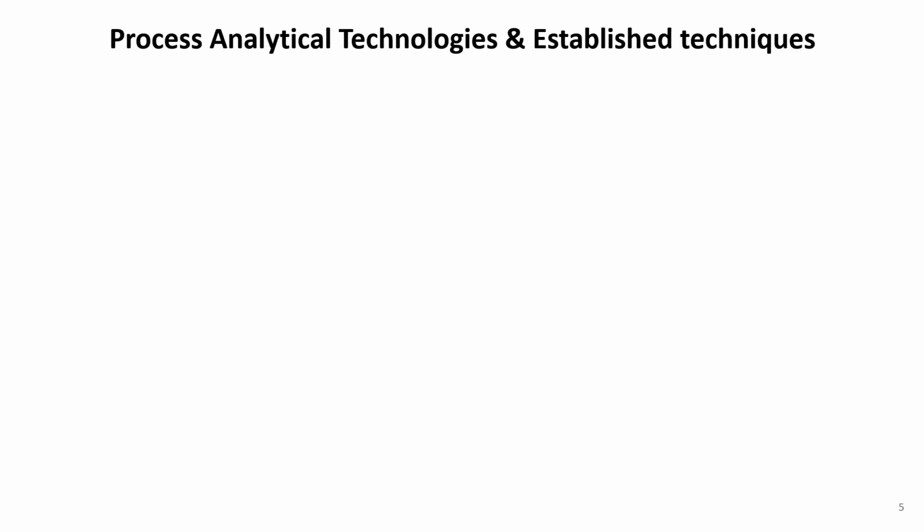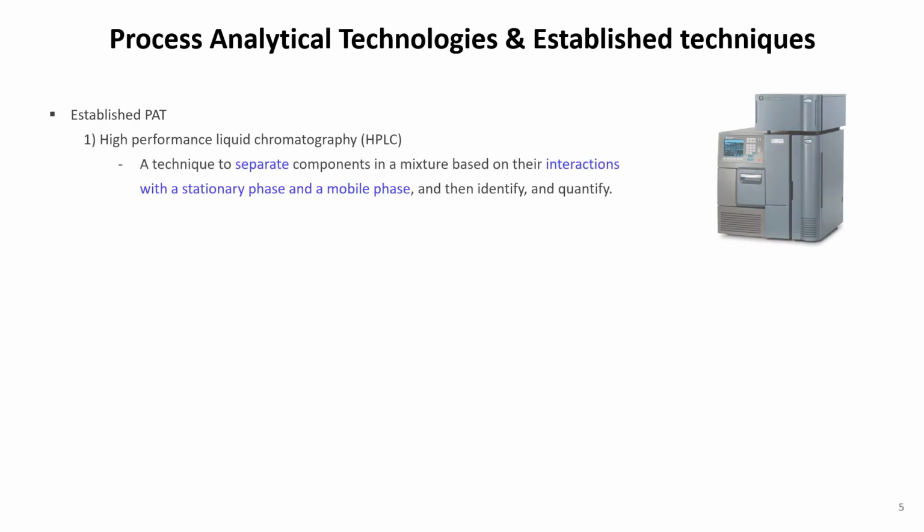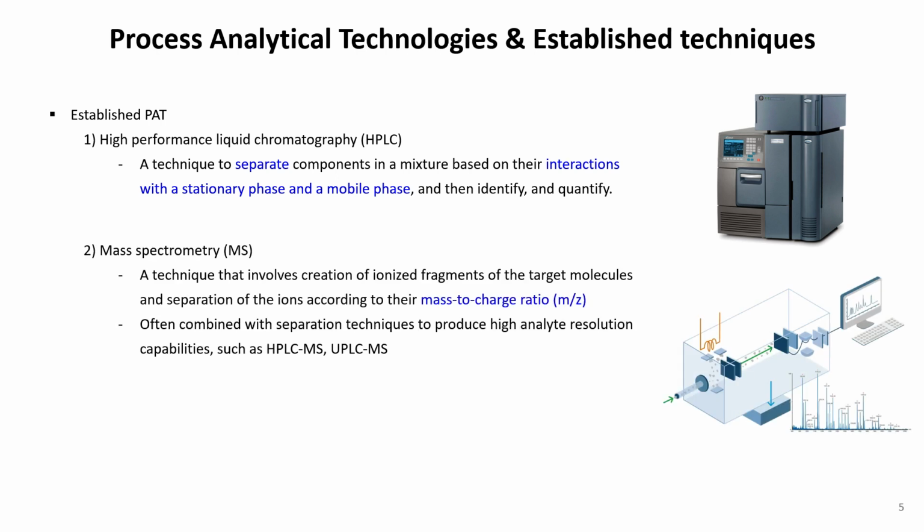There are many analytical technologies established in the biopharma industry, and one of those is high performance liquid chromatography. This is a technique to separate components in a mixture based on the interaction with a stationary phase and a mobile phase. Another well-established technique is mass spectrometry.